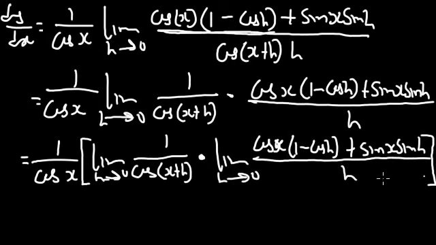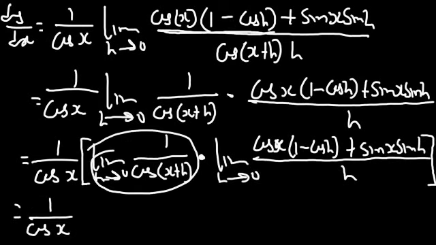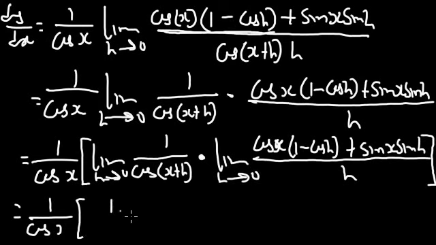Perfect. Now this is equal to 1 over cosine x. Now this entirely becomes 1 over cos x, because when we plug in 0 as h, we have 1 over cos x plus 0, which is cos x. So we have in the bracket 1 over cos x.